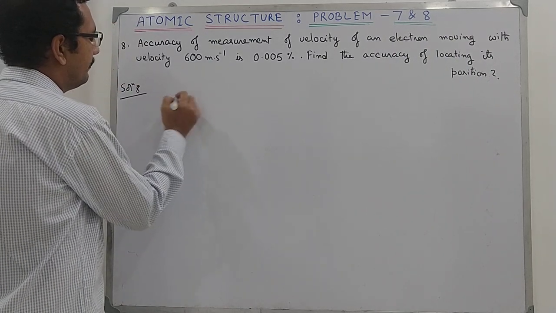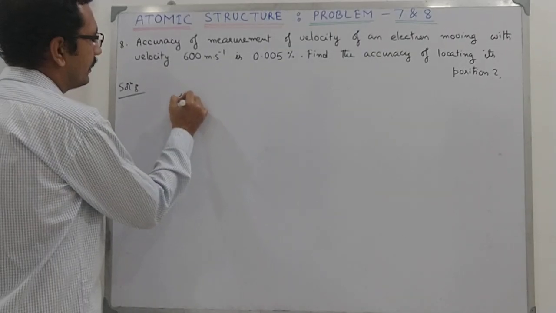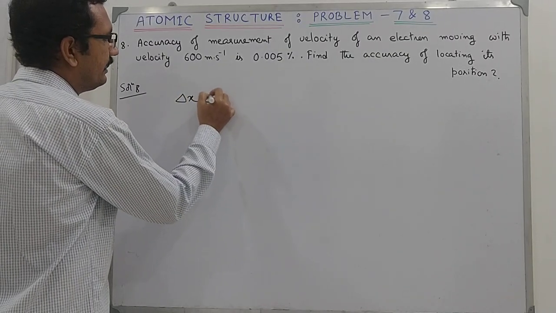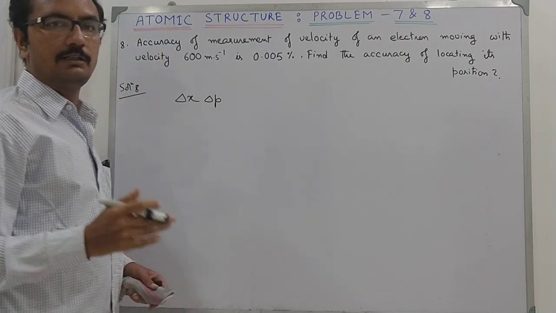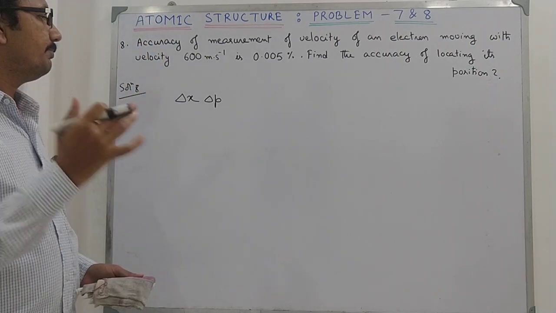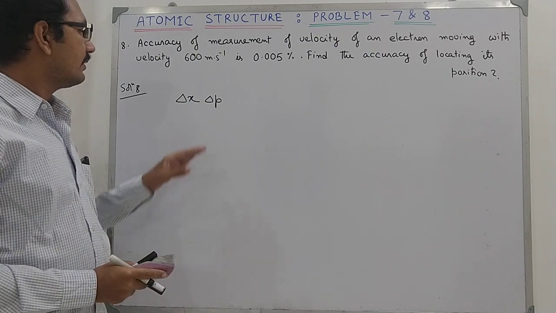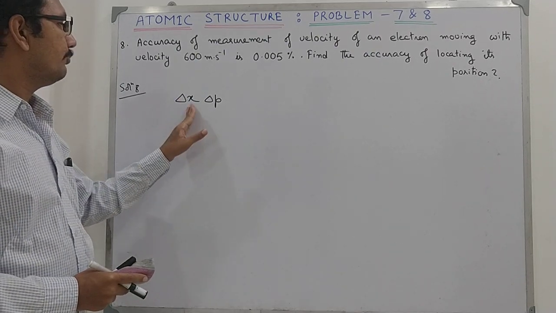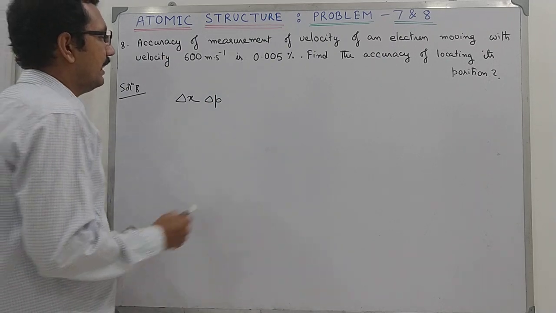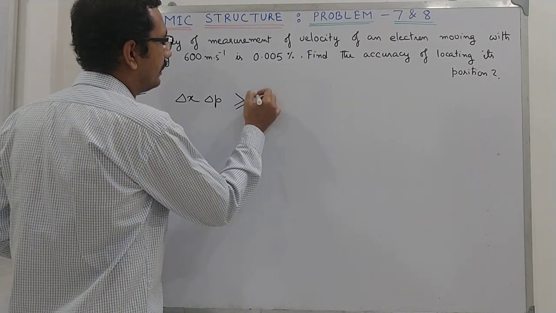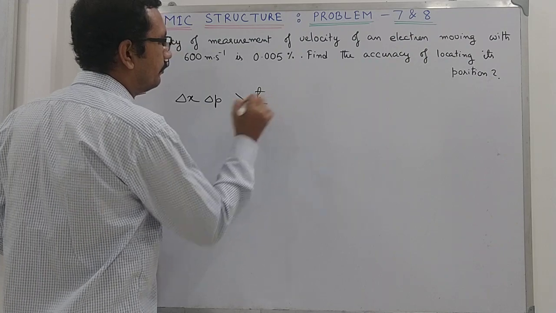Now as per the uncertainty principle, we know that the position and momentum of a quantum mechanical particle cannot be determined simultaneously with precision. So an uncertainty will be associated with both the position and momentum for a quantum mechanical particle. So we will have del x del p greater than or equal to h cross by 2.